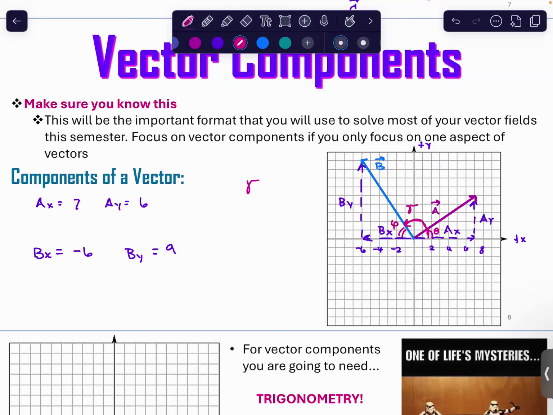That x component is much larger than the y component, so the 30 degrees has to be the smaller angle. Negative x, positive y would have to be the second quadrant. You're going to be able to analyze them that way. It'll make more sense when we're actually looking at problems that we're solving.